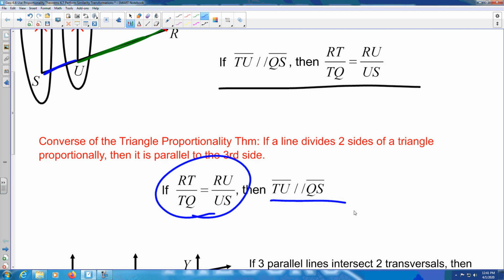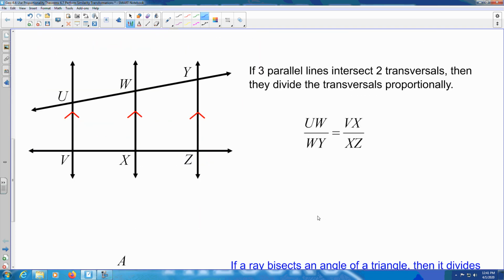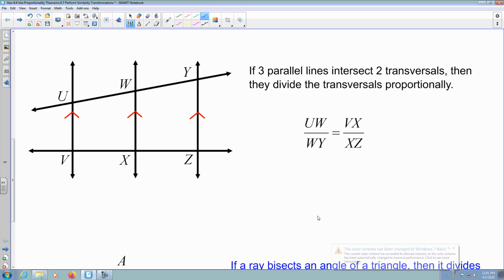So another theorem that we have here, it says that if three parallel lines intersect two transversals, then they divide the transversals proportionally. So they're saying that UW, which is right here, over WY, which is right there, so it's on the same line.